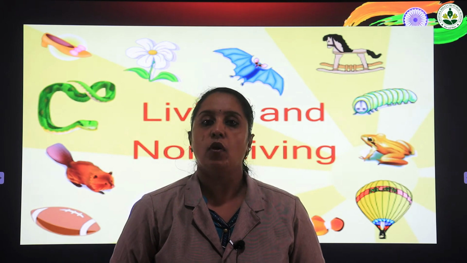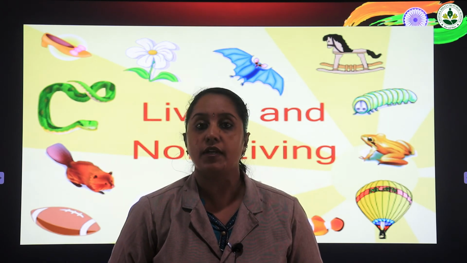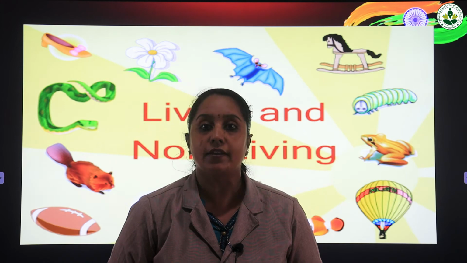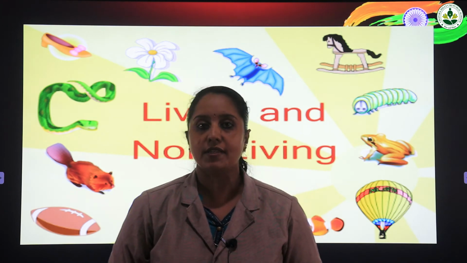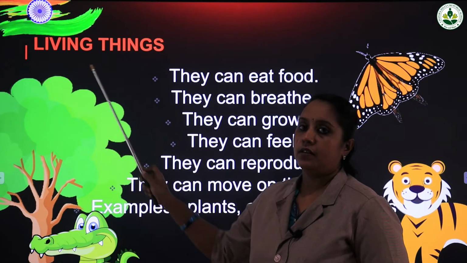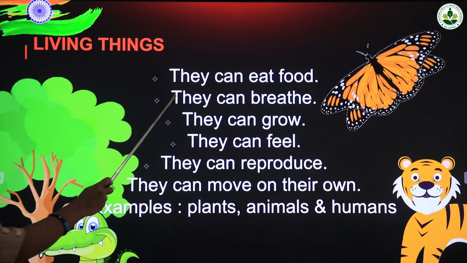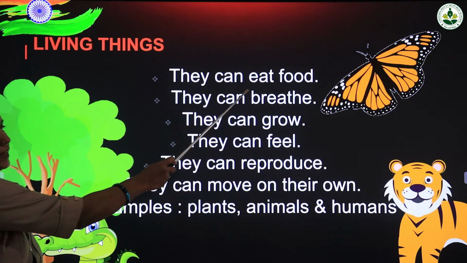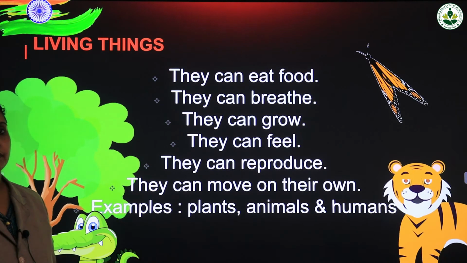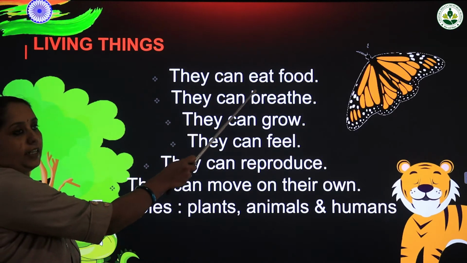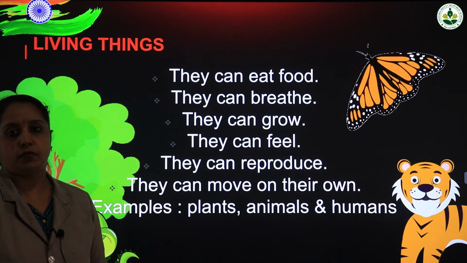Now let us see what are the different characteristics of living things. So have a look on the slide. Here, living things. All living things can eat food. We all eat food, isn't it?